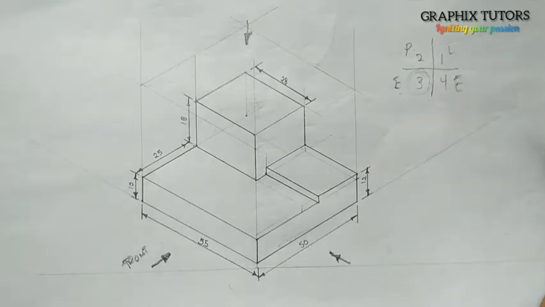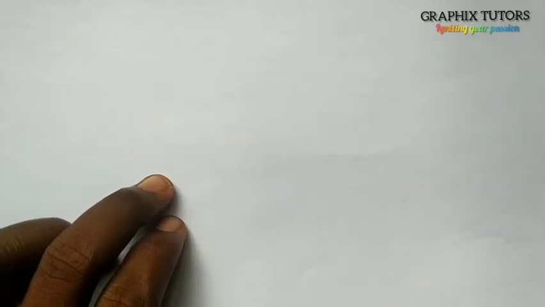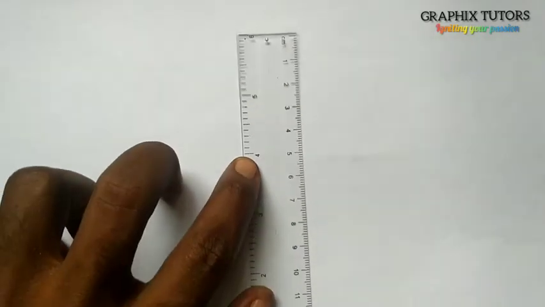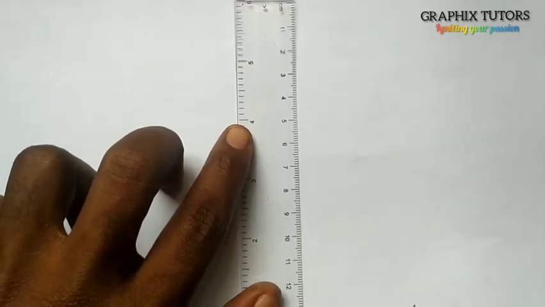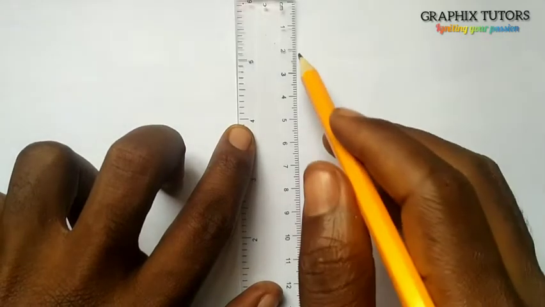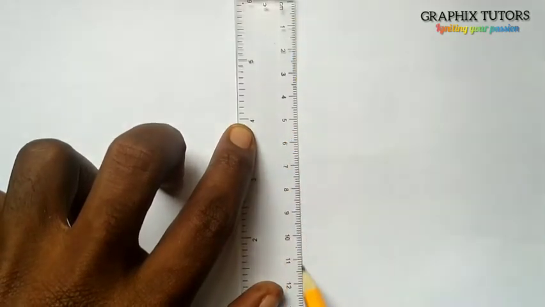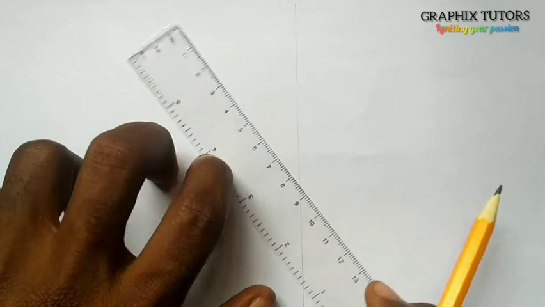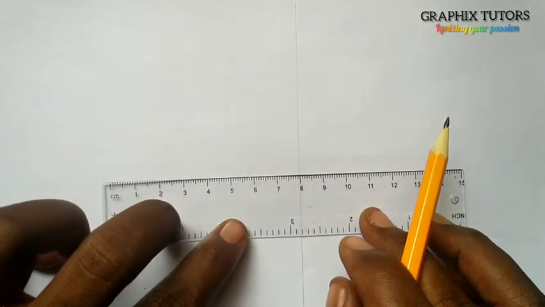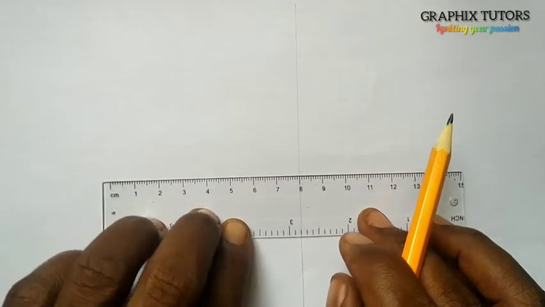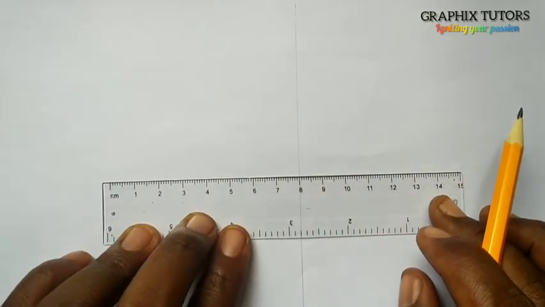So let me tell you what I'm trying to say. Let's put that into drawing. The first thing you do is to draw your 4 cardinal points. You take a plain piece of paper, you take your set square, and you draw your vertical line, and also you draw your horizontal line, right?